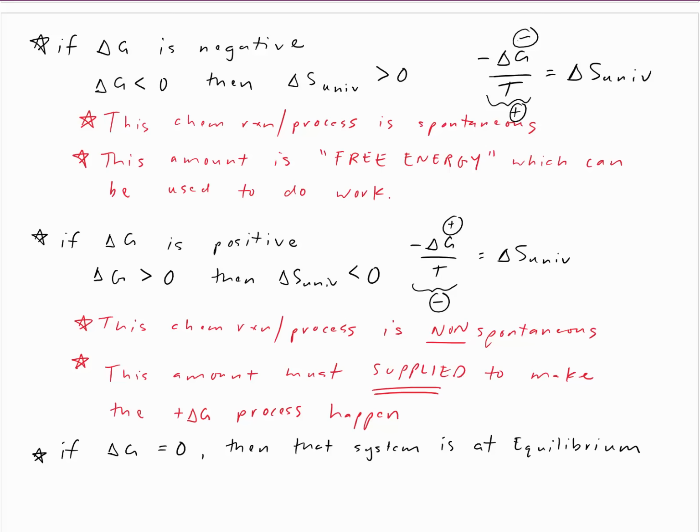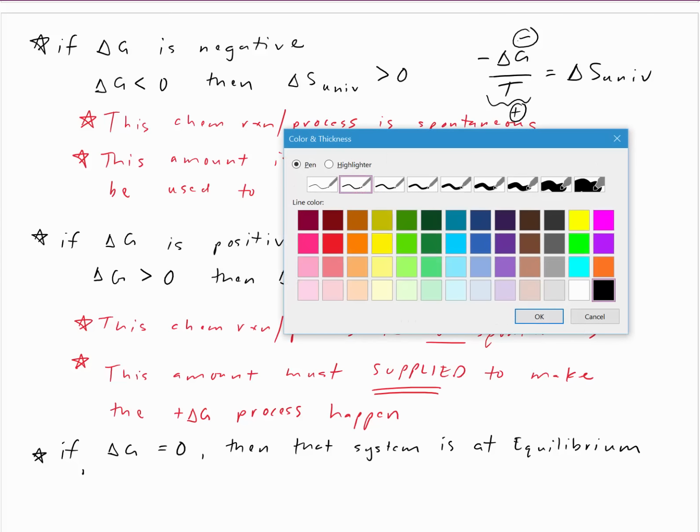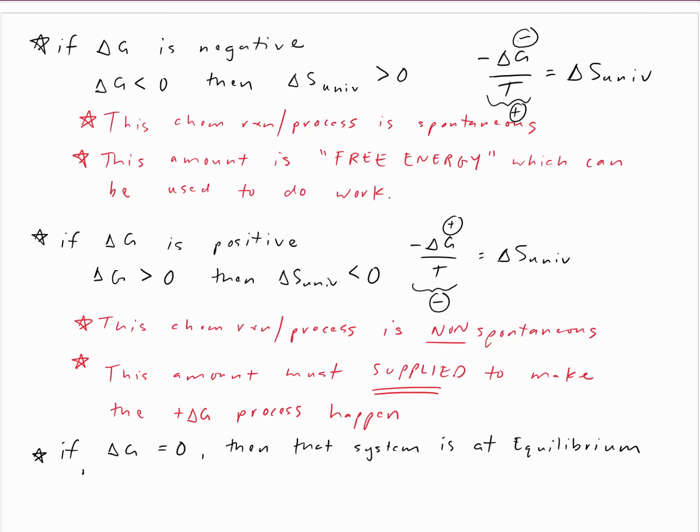A very common time that this occurs is when delta H and delta S must be opposite in sign and equal in value. So these two processes are in balance.